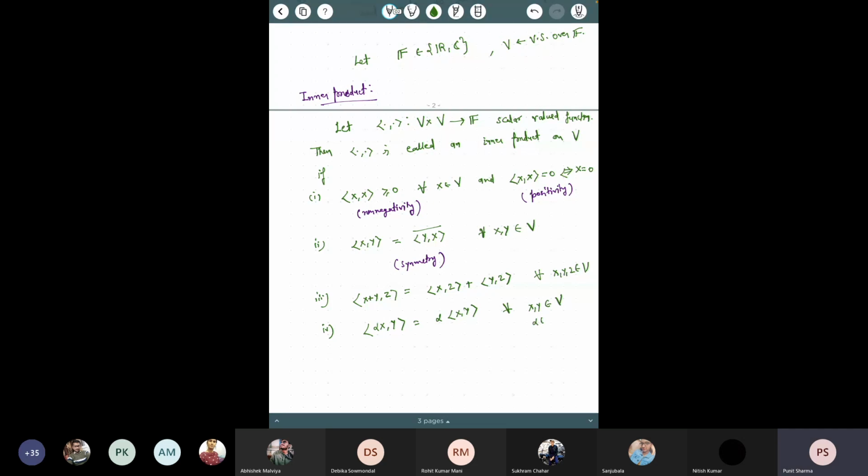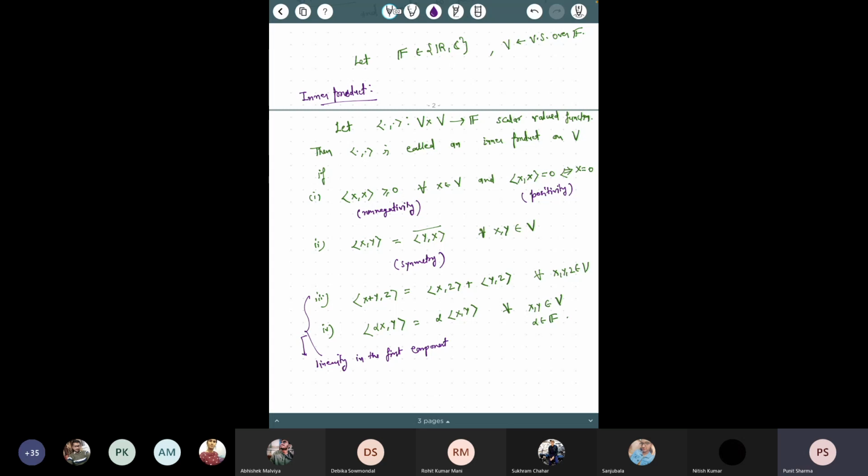So if any function from V cross V to F satisfies these four properties, then that function is called an inner product on V.